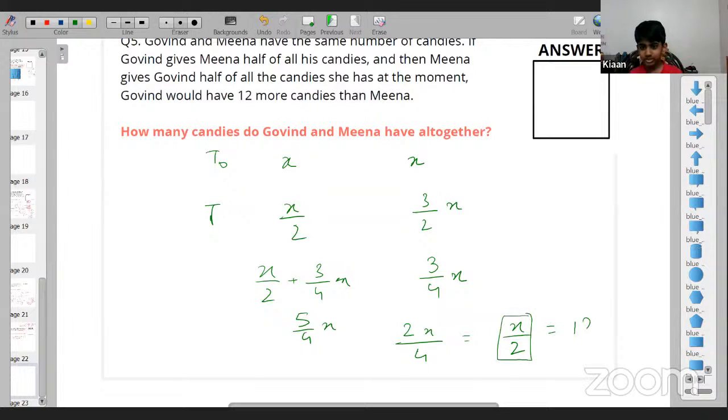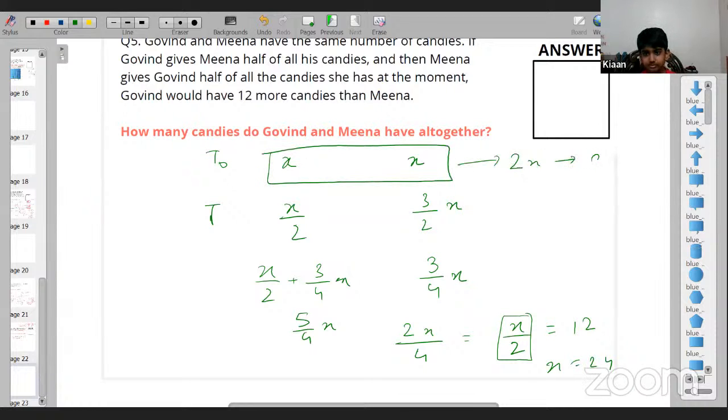So X is equal to 24. So both of them each have 24 candies. So 24 twos are 48.